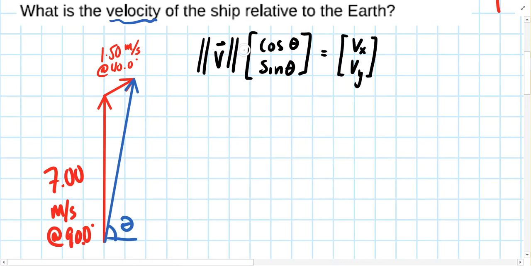And if I had several vectors, then I could now add those together, because this vector is in component form, another one would show up in component form, etc. We can then combine those. And that's precisely what I'll do here.